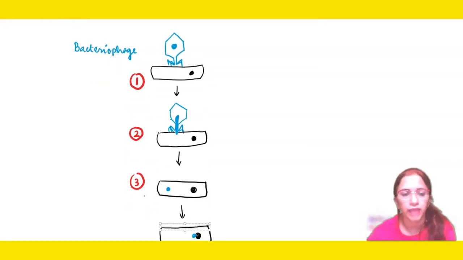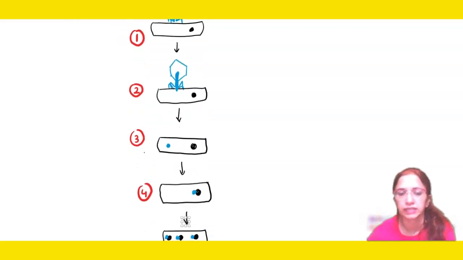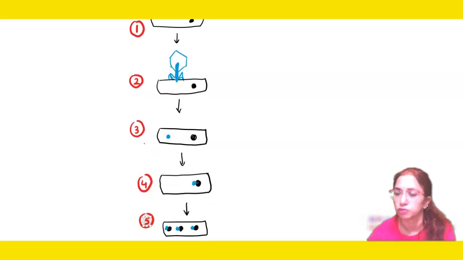Then the next step shows the merging, the union of the bacteriophage genetic material along with the bacterial genetic material. And now in step number 5, you can notice that replication of DNA has taken place, and this replication of the bacterial genetic material has also caused the replication of the bacteriophage genetic material.